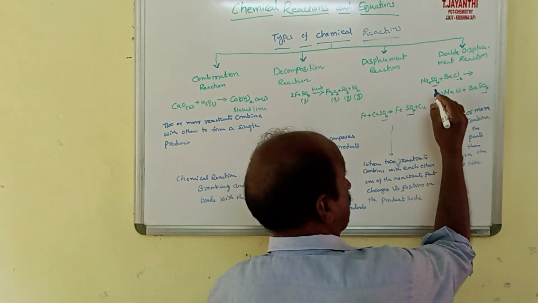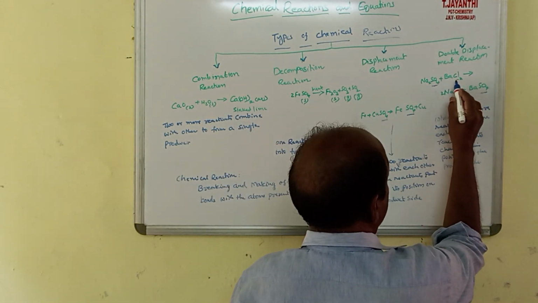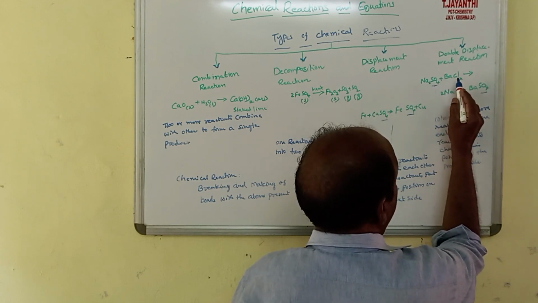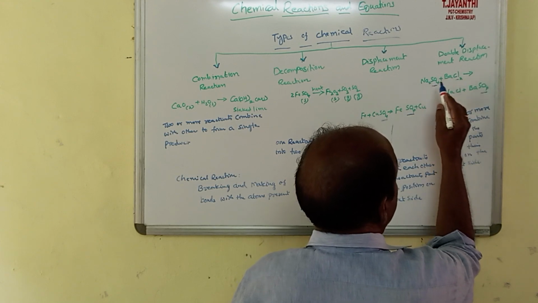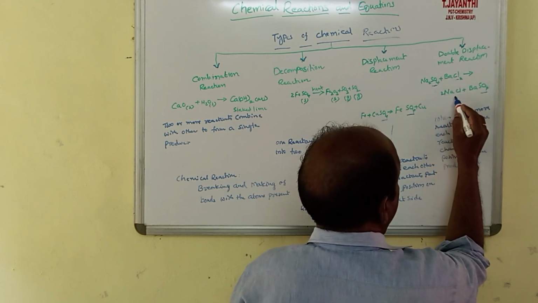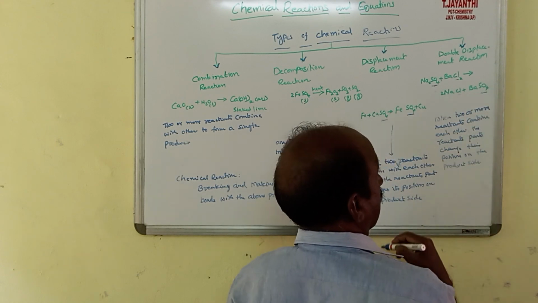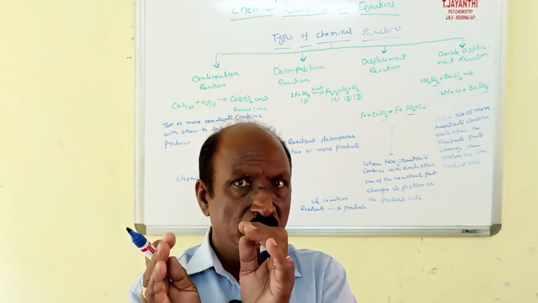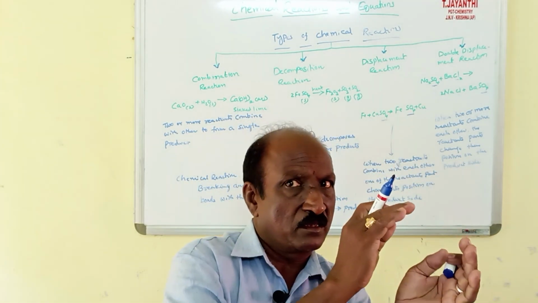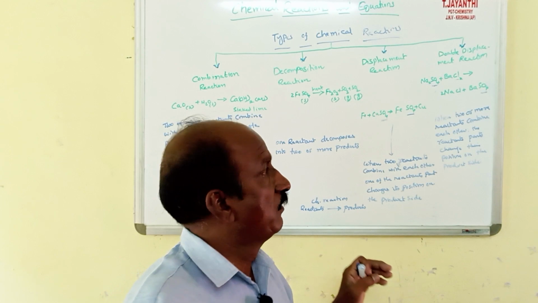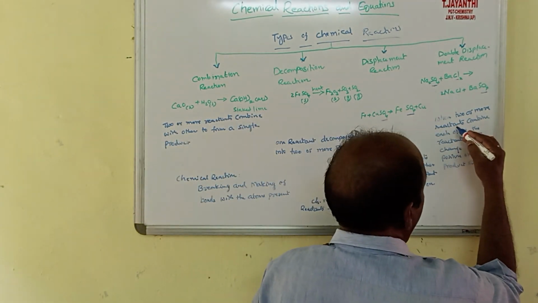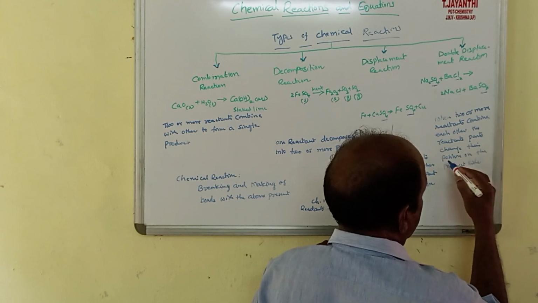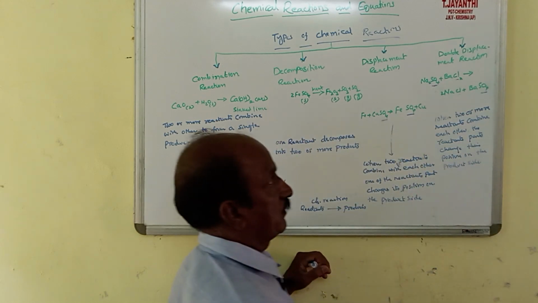As an example, Na2SO4 plus BaCl2 gives rise to sulfate exchanging its position with barium, and chlorine exchanging its position with sodium, such that 2NaCl plus barium sulfate. One part exchanged with the other one and the other part exchanged with the previous one. That's all. When two reactants combine with each other, the reactant parts change their position on the product side. Okay?